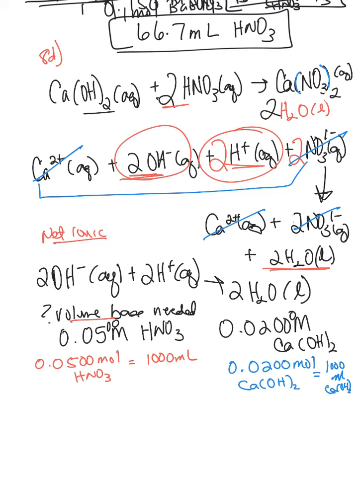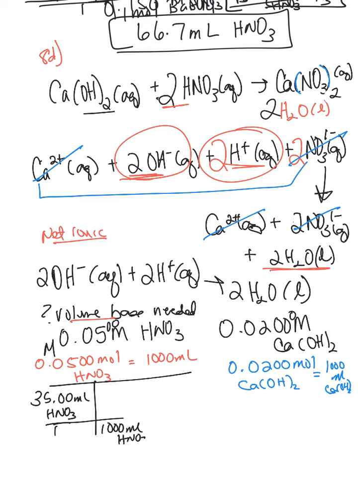Now, the given: we start with 35.00 milliliters of HNO3 over 1, and we use this conversion factor here, the molarity, the big M, 1,000 milliliters of HNO3 has 0.0500 mole of HNO3.